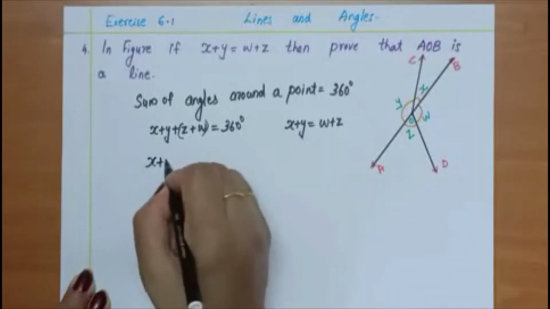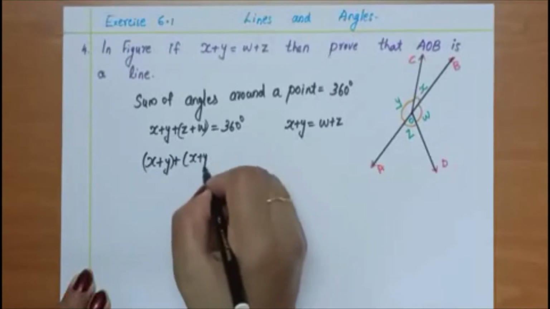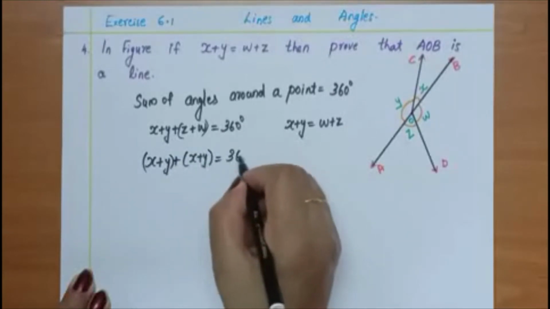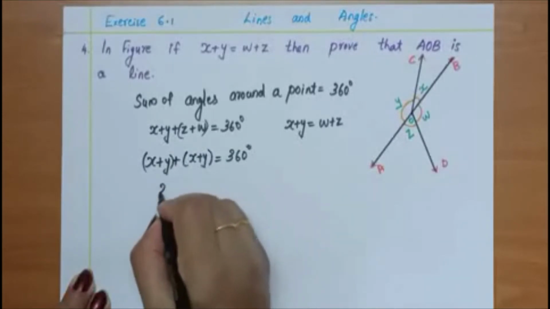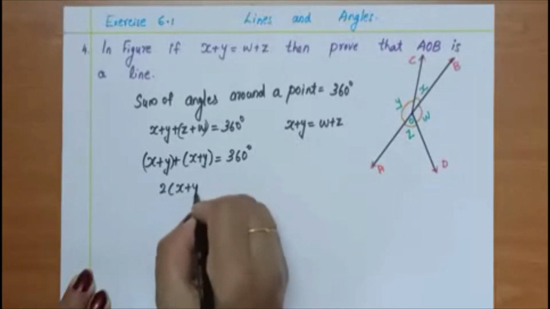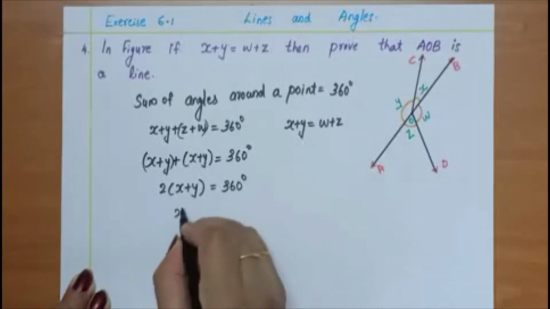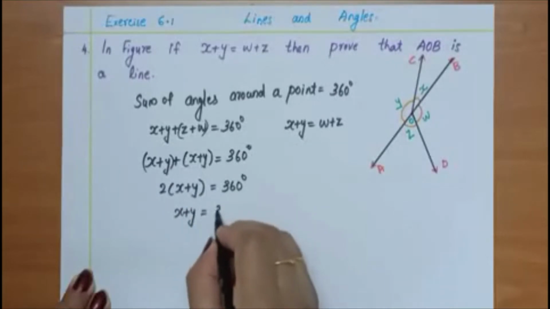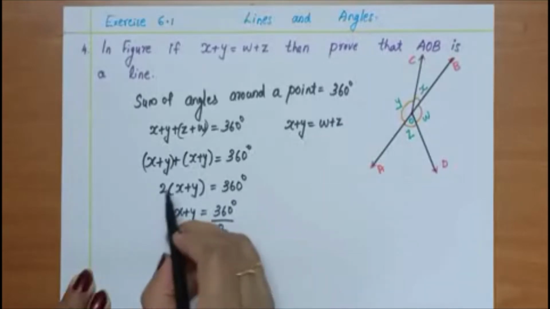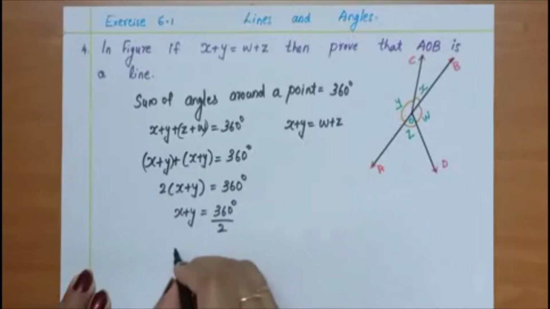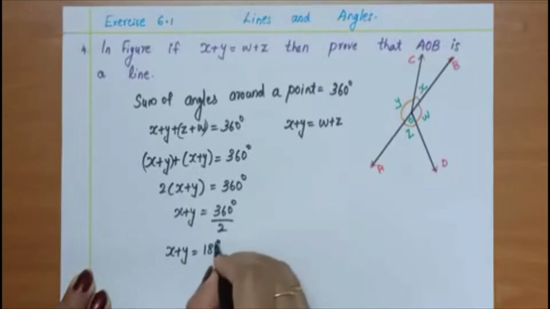So x plus y plus x plus y equals 360 degrees, so 2 times (x plus y) equals 360 degrees. So x plus y equals 360 degrees divided by 2, because multiplication going to the other side becomes division. So x plus y equals 180 degrees.